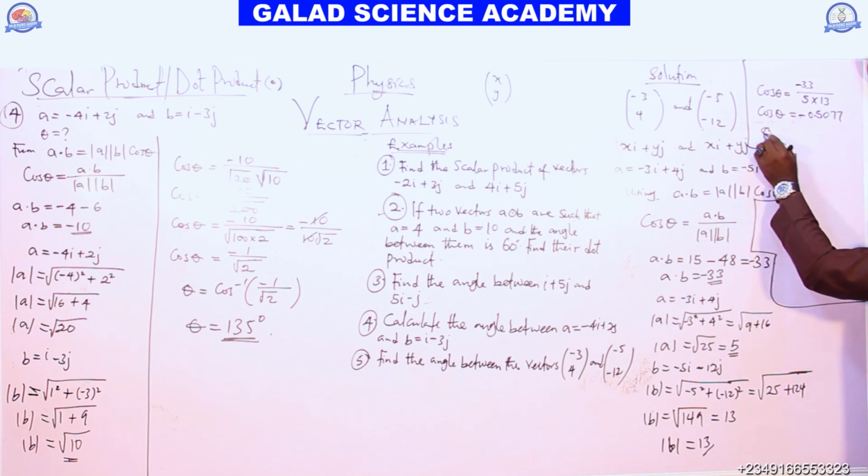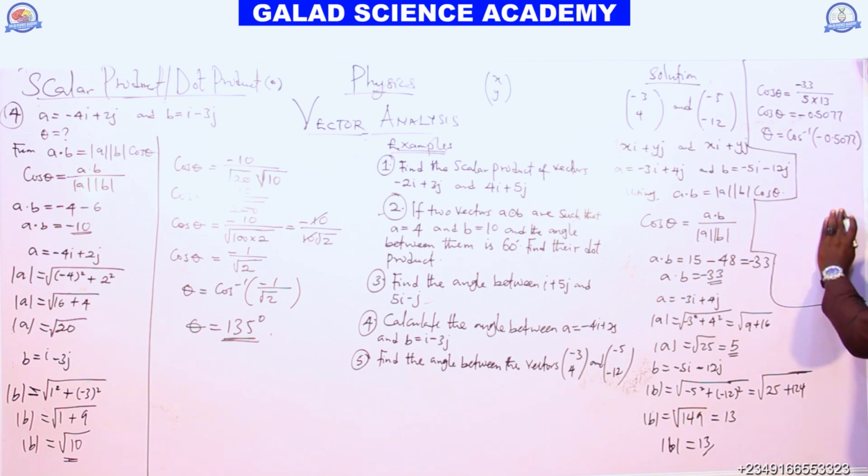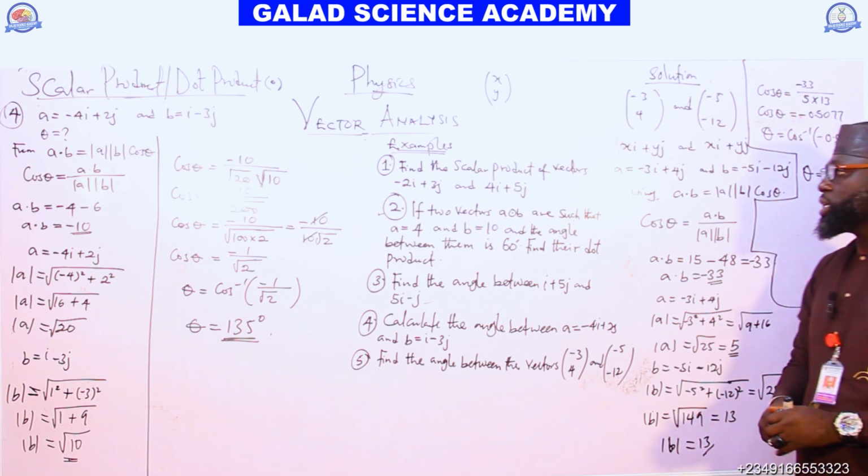So you now have theta equal to cos inverse of minus 0.5077. If we press the calculator, it will give us theta equal to 120.5 degrees.